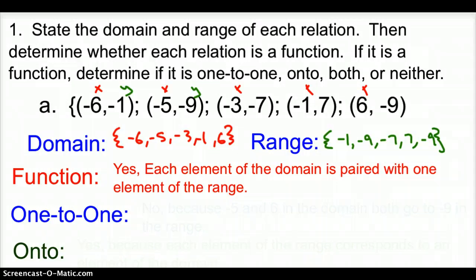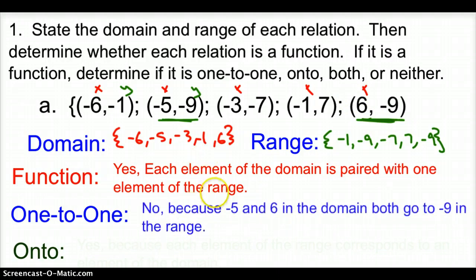Well, does our domain go to different elements? And the answer there is no, because if we look at -5 goes to -9, and also 6 goes to -9. That's fine for a function, but it just doesn't make it a one-to-one function.